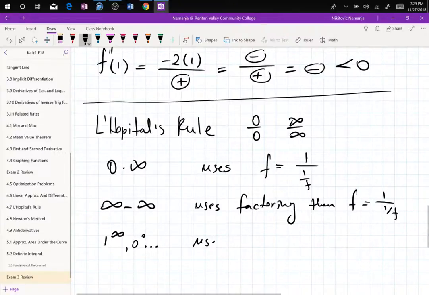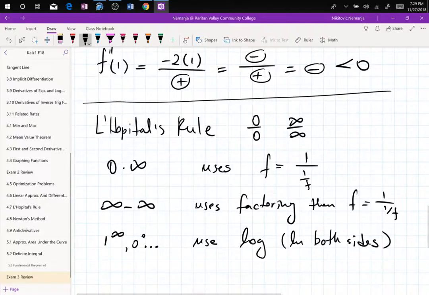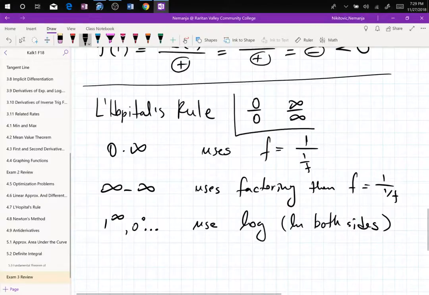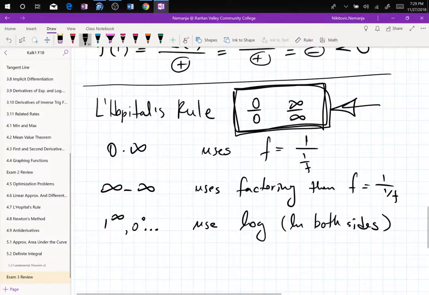And that will use ln on both sides, and then follow whatever math brings. So L'Hopital's rule works only for these. Everything else that you do are the tricks, the algebra manipulations to get to this form, and then you use L'Hopital's rule.